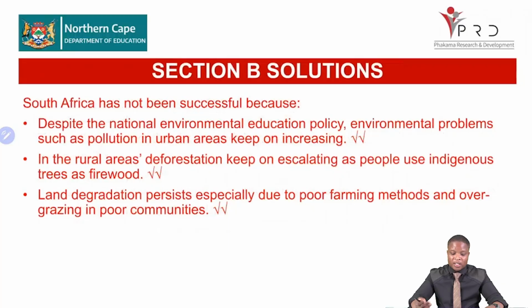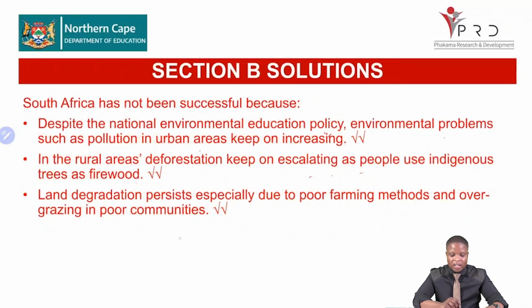We can say it was not successful. Despite the national environmental education policy, environmental problems such as pollution in urban areas keep on increasing. People may be careless, or even though there is education, because if there's no education, then you say that they lack the knowledge. In rural areas, deforestation keeps on escalating as people use indigenous trees as firewood.